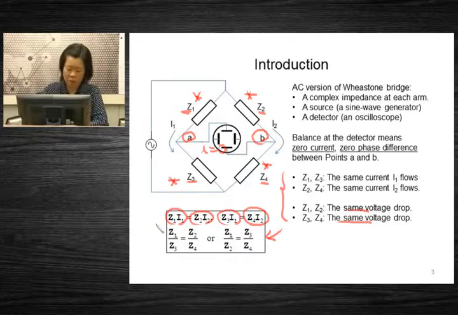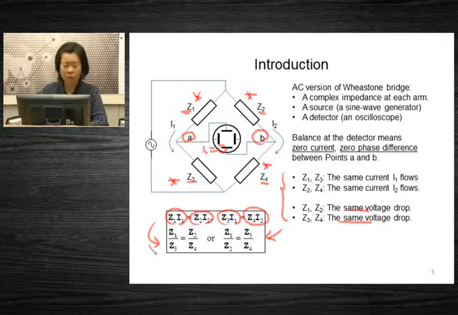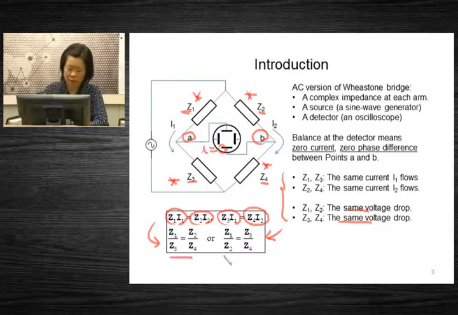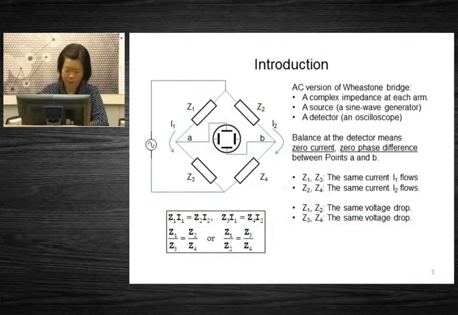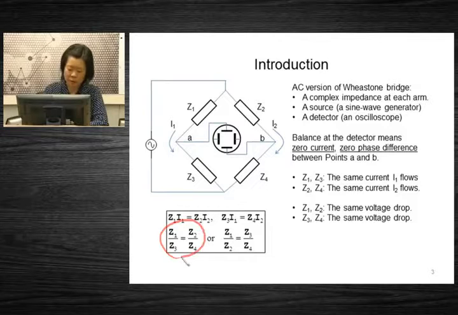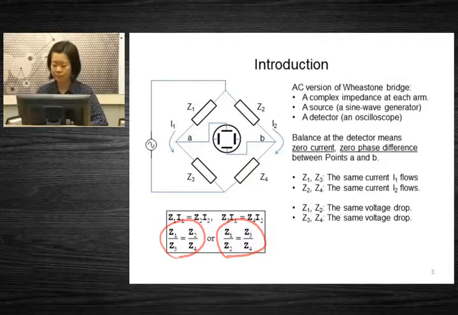So from these two equations, you are going to find the ratios between Z1 to Z3 or Z2 to Z4 or Z1 to Z2 or Z3 to Z4. And you find these two identity equations. So we are going to use these identity equations in the next slides.